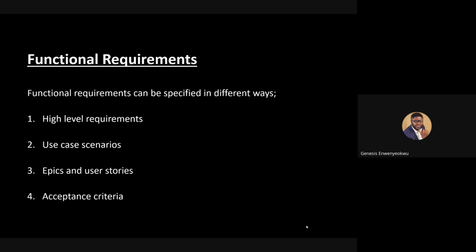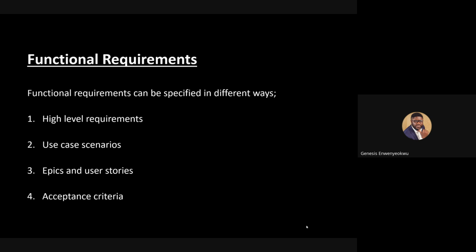Use case specification is a more detailed and technical way to specify requirements. High level is not technical. High-level requirement, which is popularly called HLR, is not technical. But use case specifications or use case scenarios are technical.